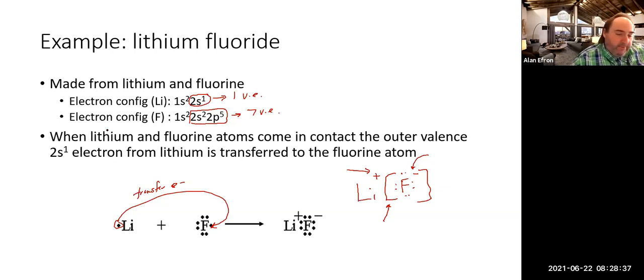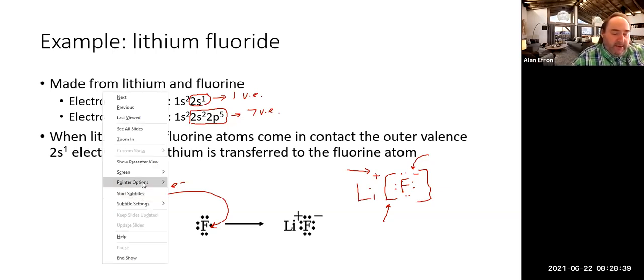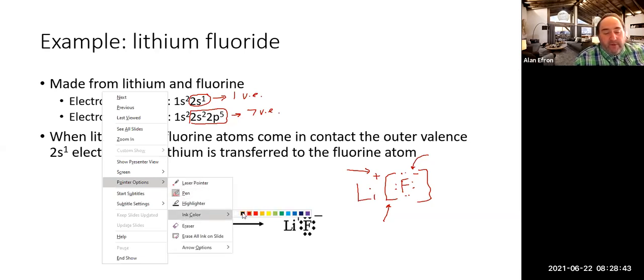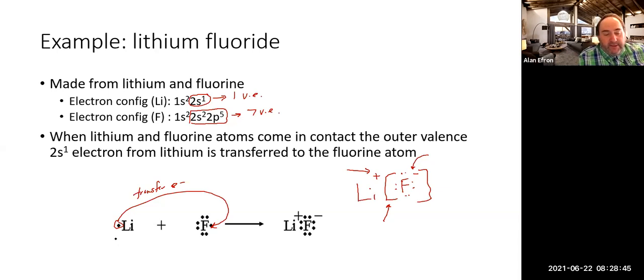So what happened really when we look at lithium and fluoride here in terms of its electron configuration before and after? Lithium over here was 1s2, 2s1. Fluorine was 1s2, 2s2, and 2p5 in this particular case.